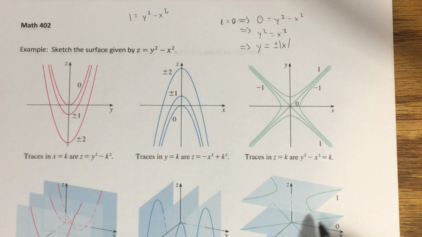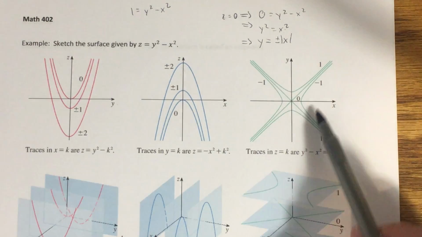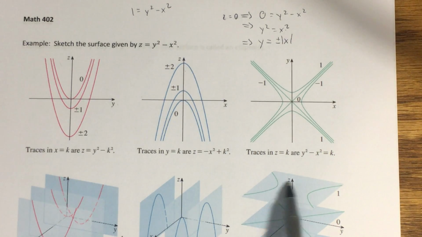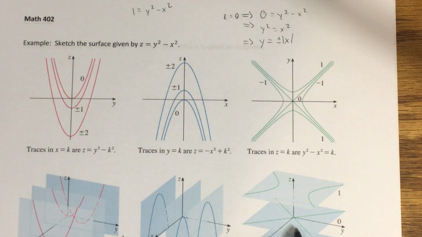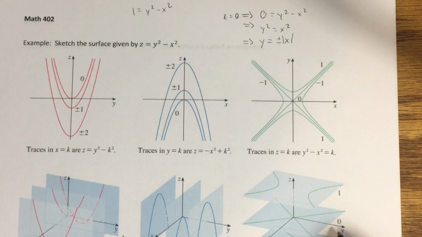Here you see these traces that we sketched out in 2 dimensions fitted in as sort of slices in 3-space. And you kind of see how they stack up. So again, there's that X shape that I described, passes through the origin, and then these hyperbolas that open around the y-axis, if you will.